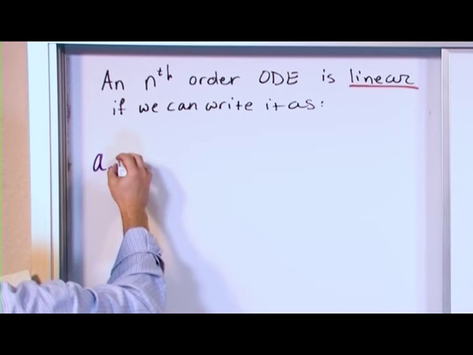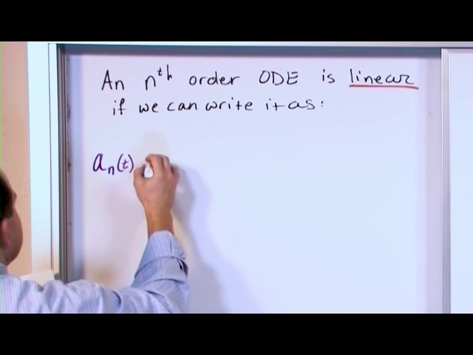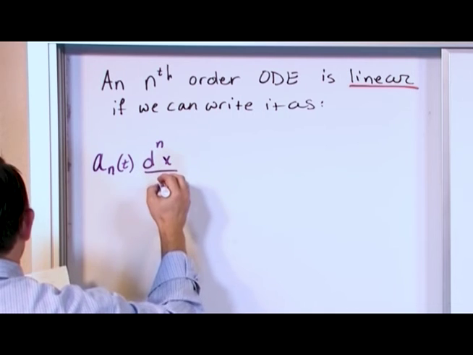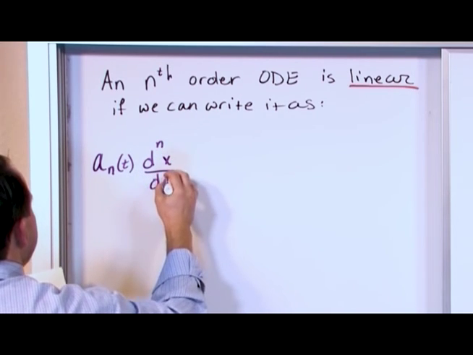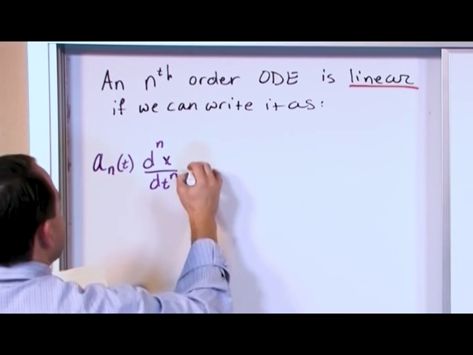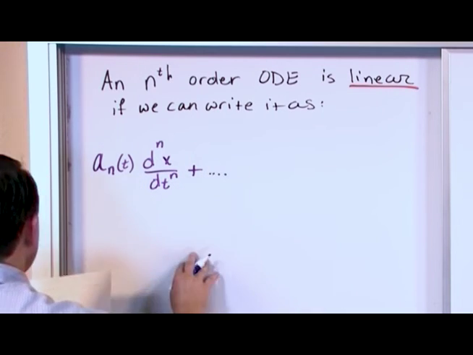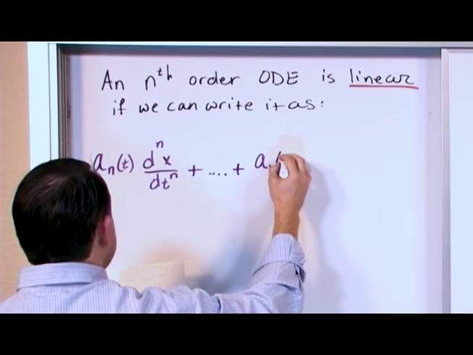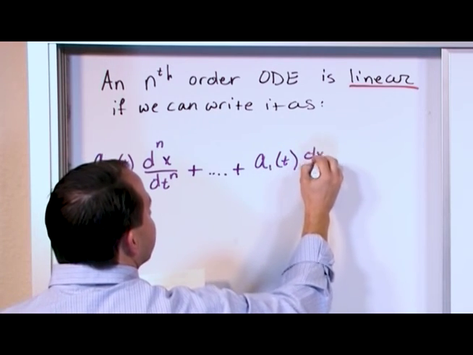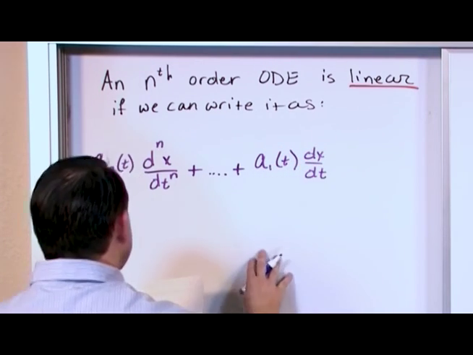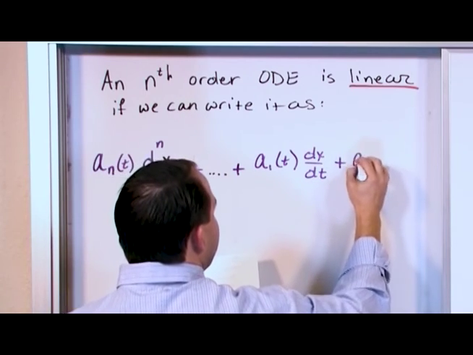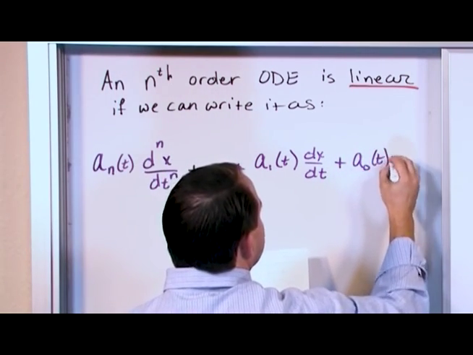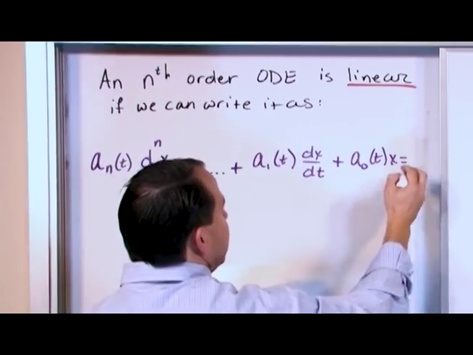A sub n of t, the nth derivative of x with respect to t, plus dot, dot, dot. We'll talk about that in a minute. A sub 1 of t times dx/dt, plus a sub 0, or a naught, however you want to say it, of t times x is equal to e of t.